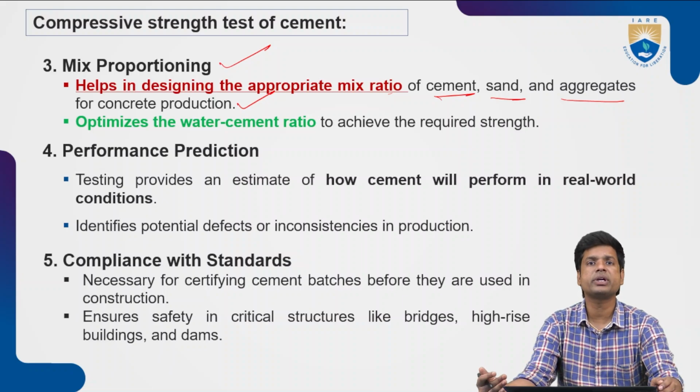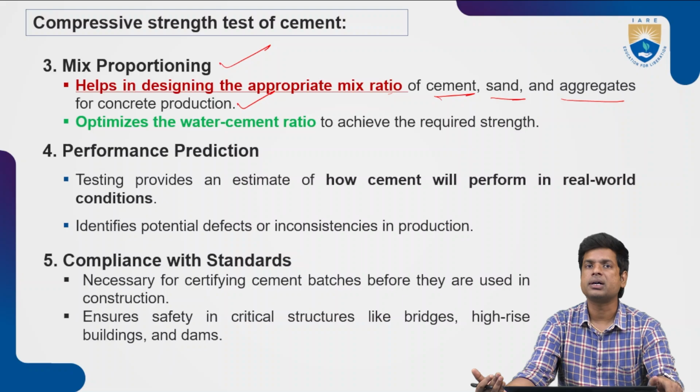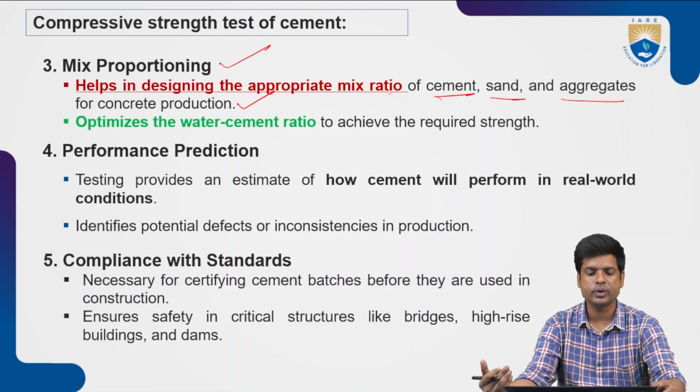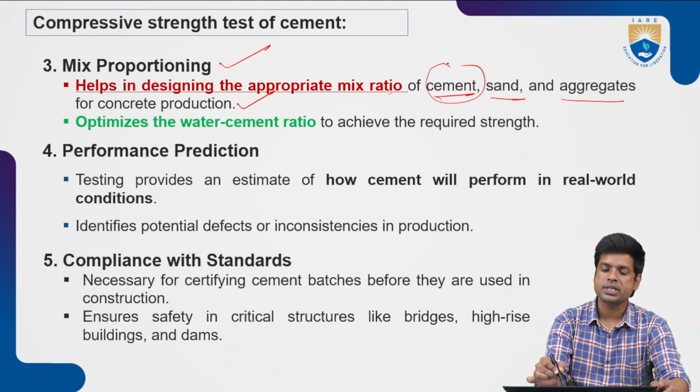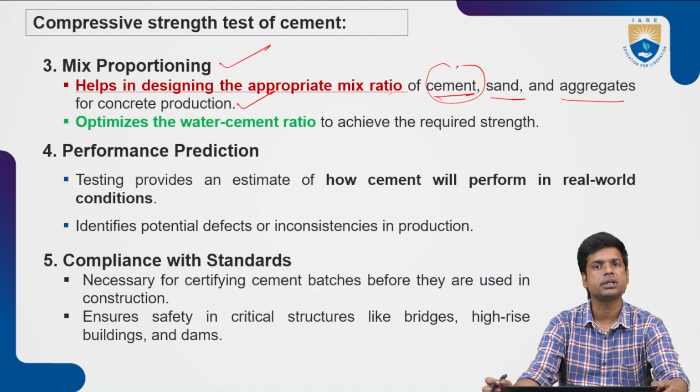Without testing, you cannot decide whether this mix proportion is giving good results or not. After testing, you analyze the cement cube and the loads you have applied, and then you get some idea.